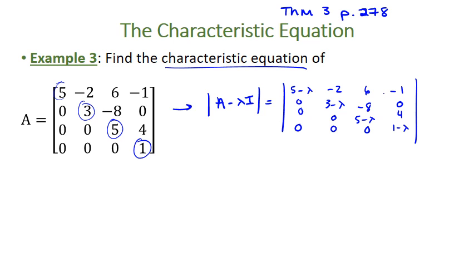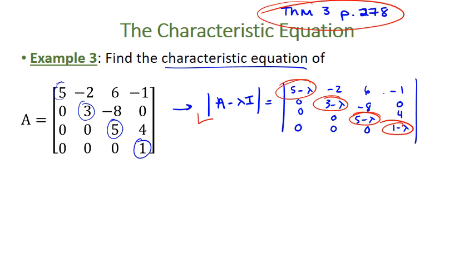Okay, now there is a property of determinants in this theorem that states the diagonals of a triangular matrix will give you the determinant. So if I want to find the determinant, all I need to do is find the product of the diagonal.